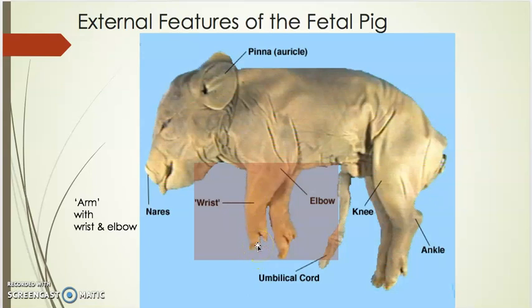This is going to be a 4-digit animal, and there's more information in the videos about that, but it's something to think about, that you are looking at what is essentially, maybe you could think of it as a bipedal animal with legs and arms, and you reference this joint as an elbow, this joint as a wrist.